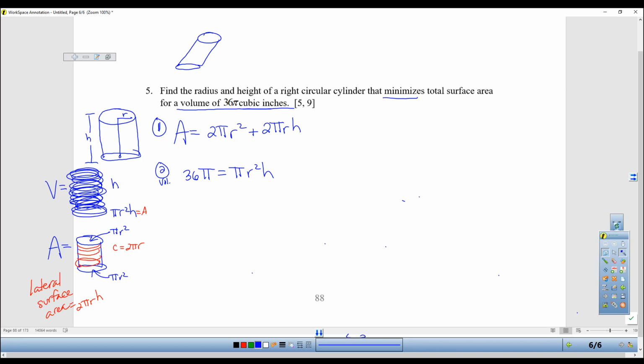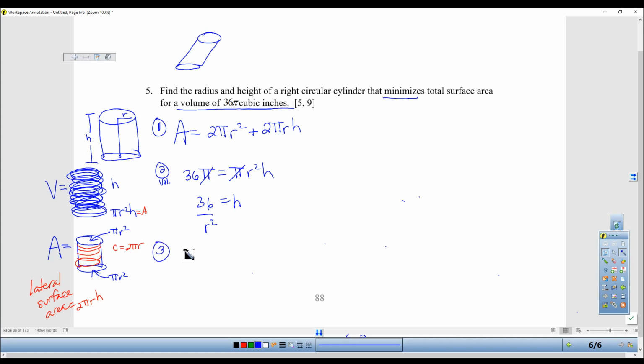Okay, what is the purpose of the constraint? To reduce the equation that we're trying to minimize to one variable. So it'd be nice just to get rid of h, then we can have all r's. So I'm going to say h is equal to 36 over r squared.